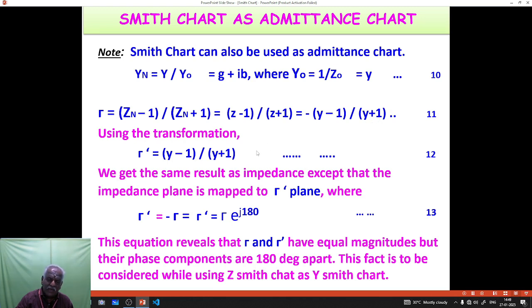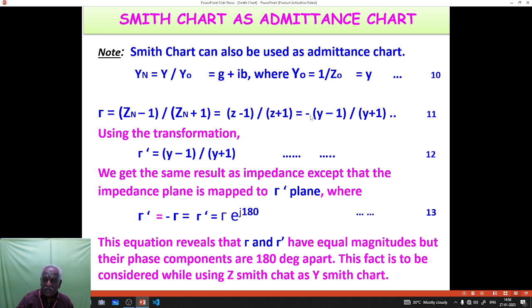So we are using one transformation. What is the transformation? Instead of gamma, we are putting gamma dash, which is (y minus 1) divided by (y plus 1). If we make this gamma dash, then we get the same result as impedance, except that the impedance plane is mapped to the gamma plane, where gamma dash is equal to minus gamma.